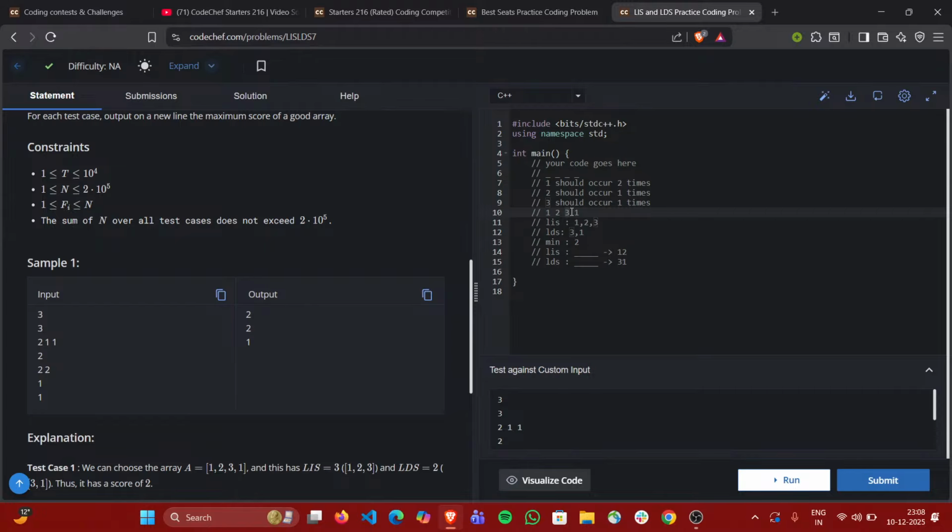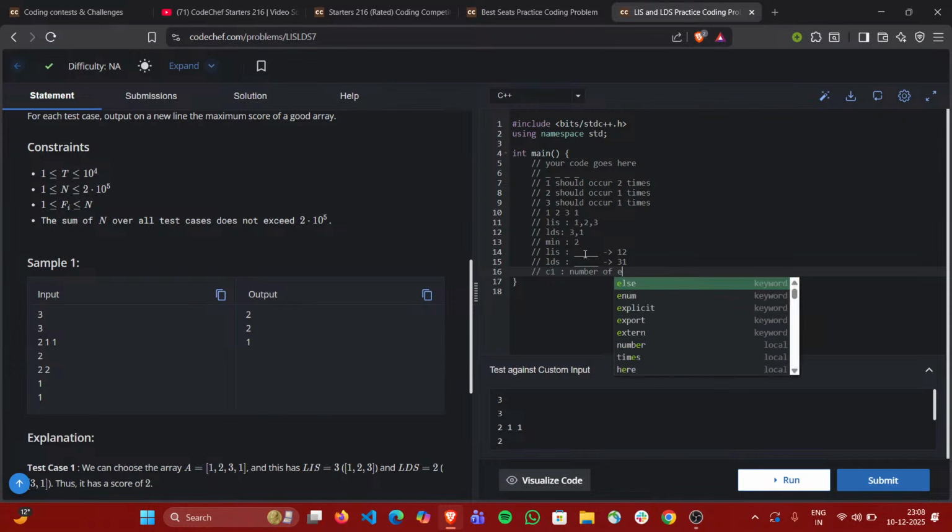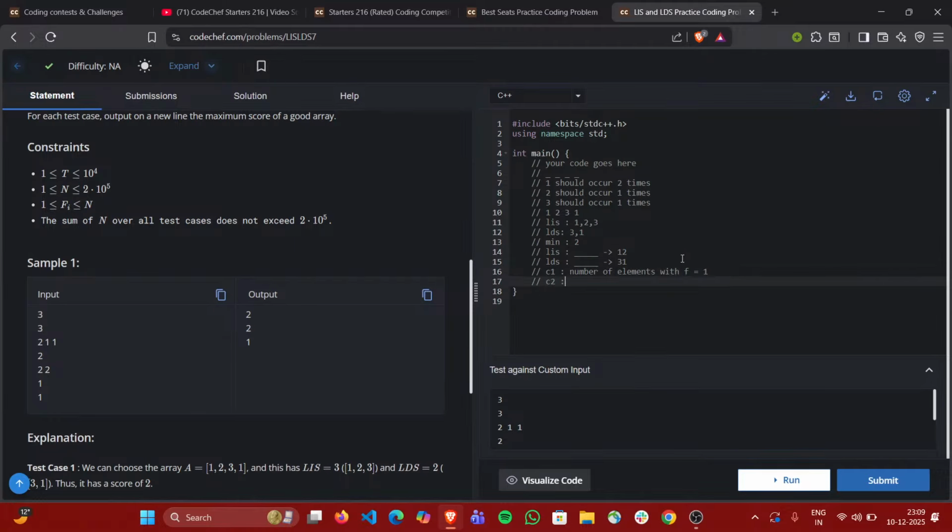So I am defining first the count C1, which is the number of elements with frequency equal to 1, and then C2, the number of elements with frequency greater than 1. And as I have told you till now, if an element has frequency greater than 1, I can assign it to both sides.